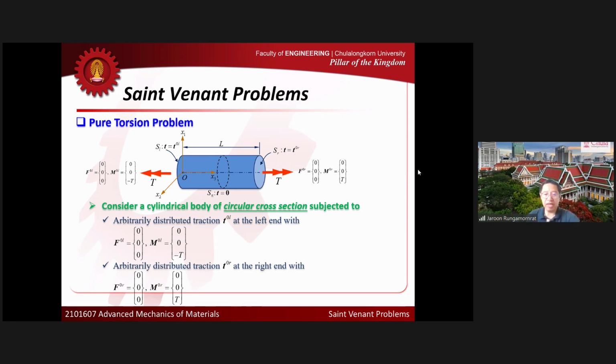This is simply the pure torsion problem that you learned before in the strength of materials class at your undergraduate level, right? So you know how to get the stresses induced inside the body. Typically when you apply torsion at both ends, it will generate shear stresses at any point in the cross section.